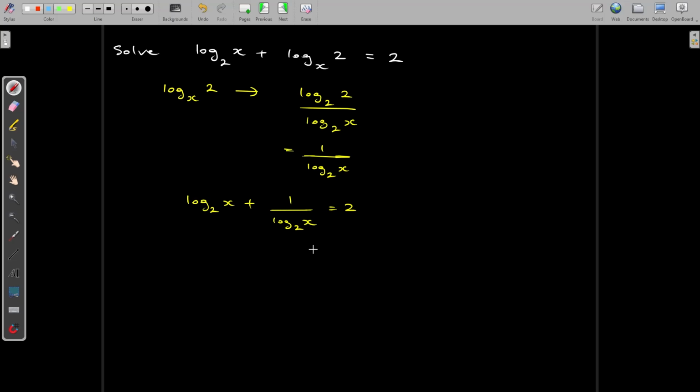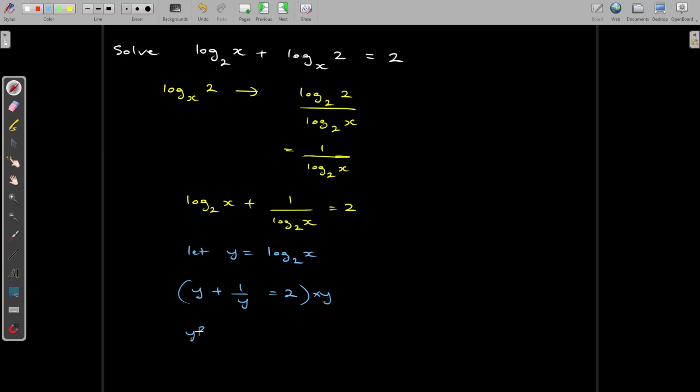Alright. But the best way for us to do this now would be to say let y be equal to log base 2 of x. So we will have y plus 1 over y is equal to 2. To get rid of this y, we multiply everything by y.